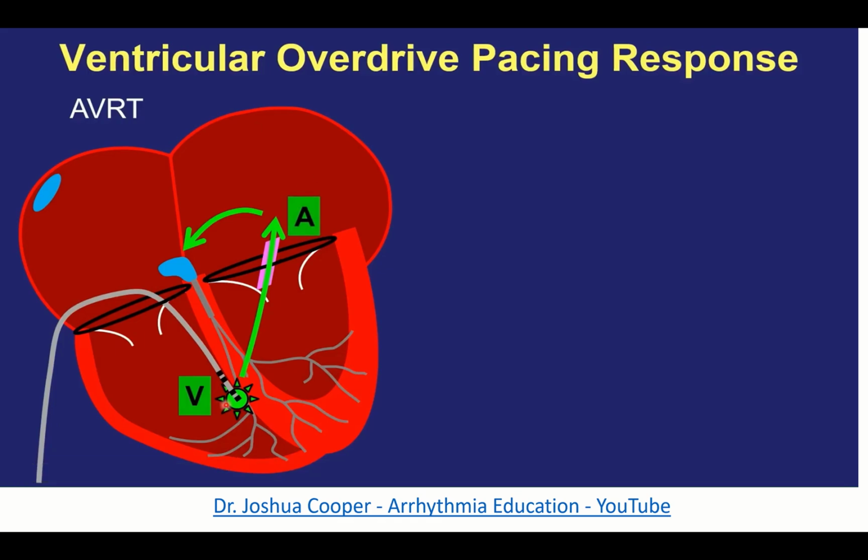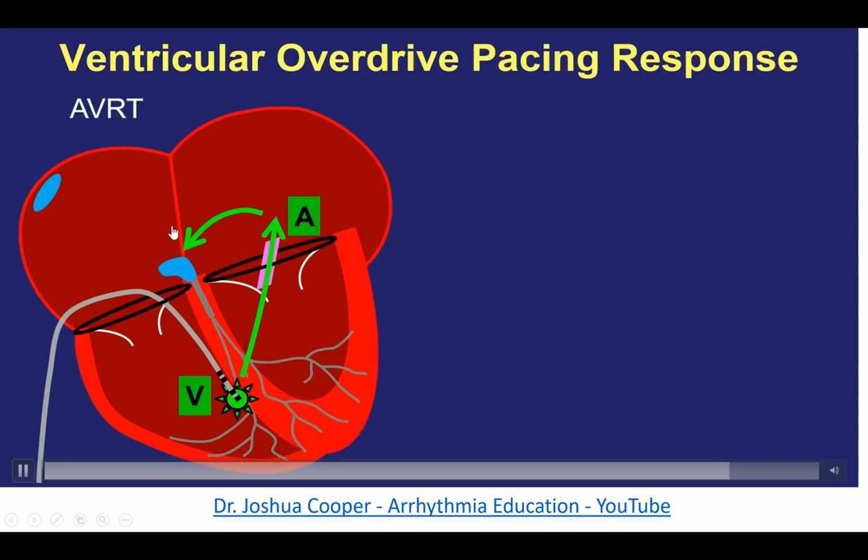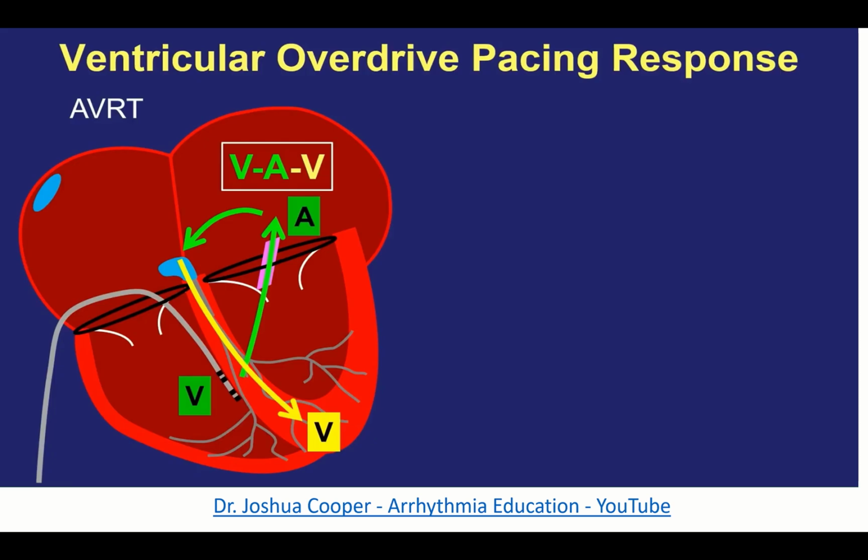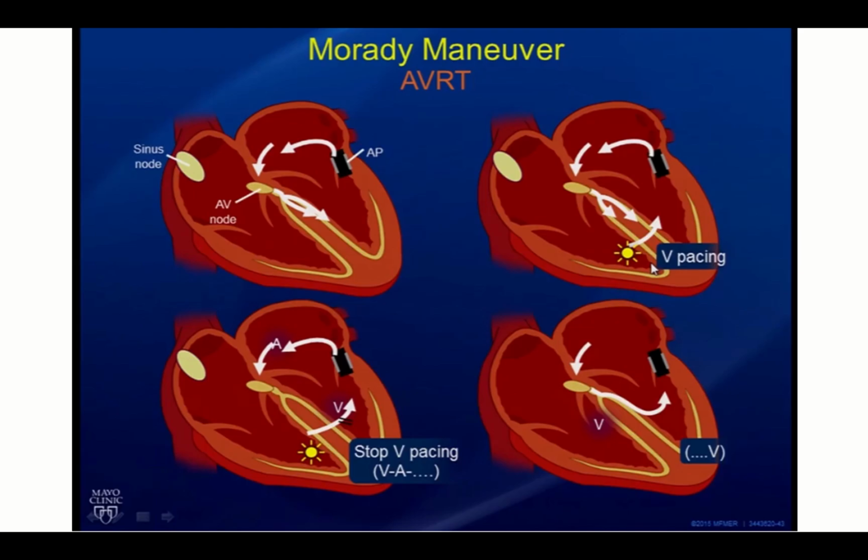After stopping the pacing, what will happen? This last A will go antegrade, orthodromic conduction through the AV node to reach the V and cause ventricular activation. So the response is a VAV response. Why is it like this? Because it is AV nodal dependent. That's why in AVRT it's a VAV response.